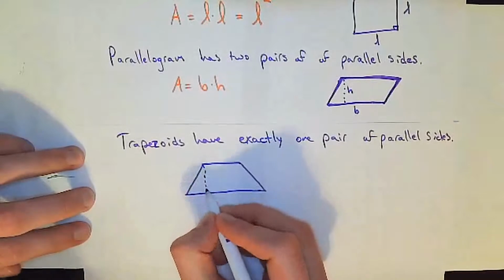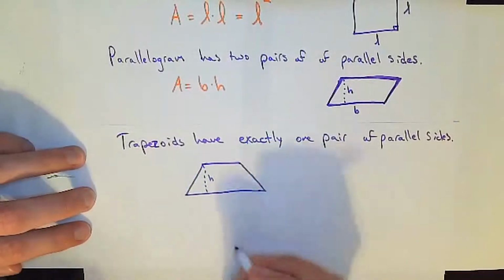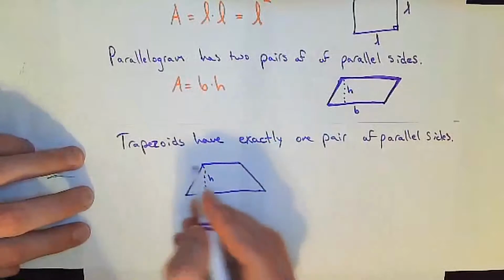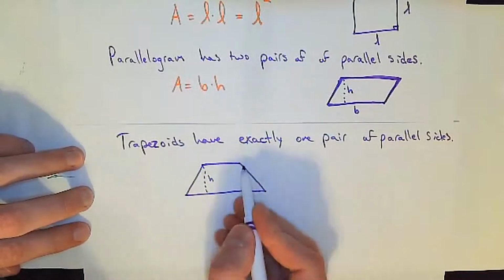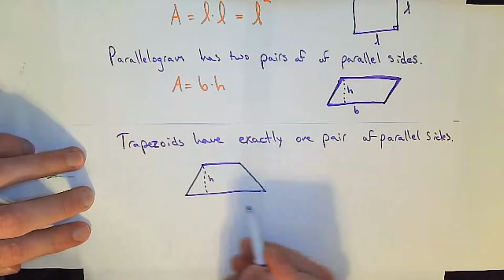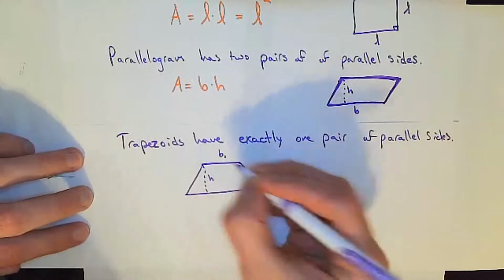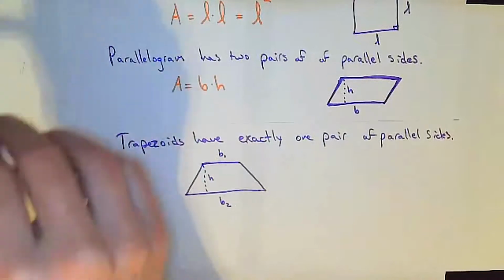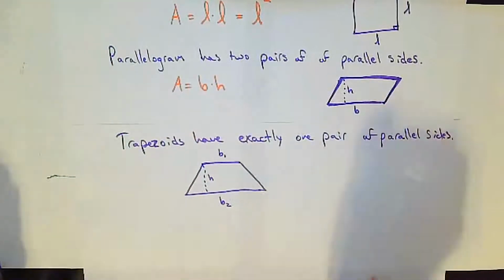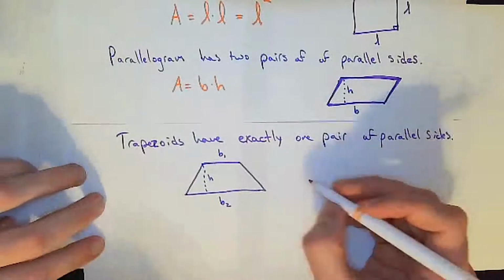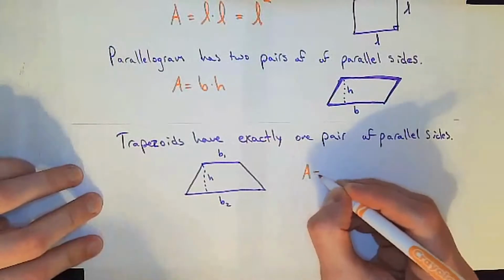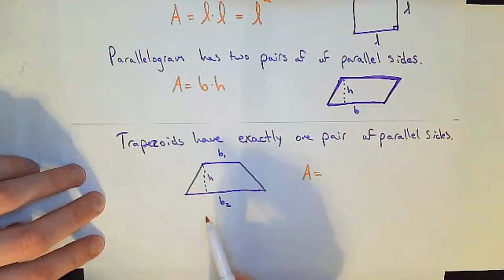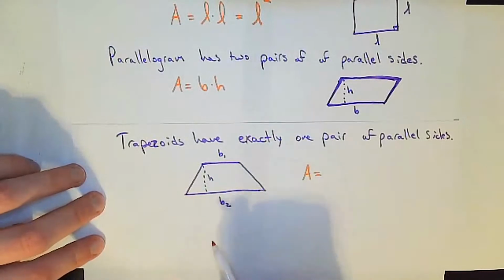And we like to denote the trapezoid's height. And also we like to denote those two parallel sides, which in this case I'll call base 1 and base 2. And our formula for area is going to be very similar to parallelogram. It's just that instead of taking base 1 times h or base 2 times h, we're going to take the average of those two bases.